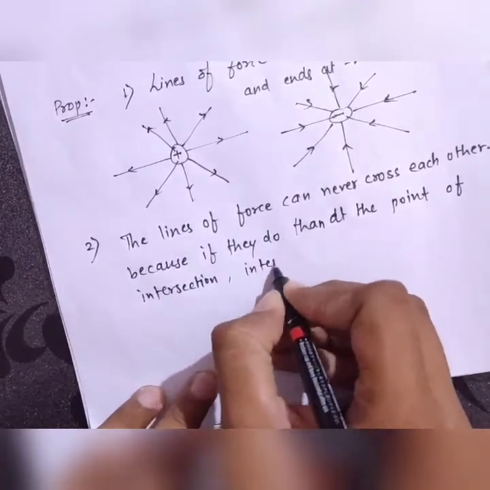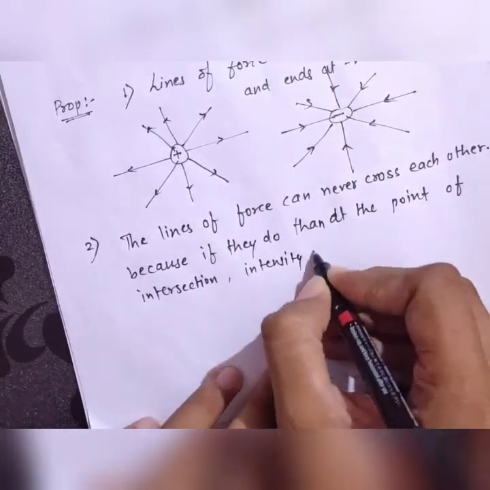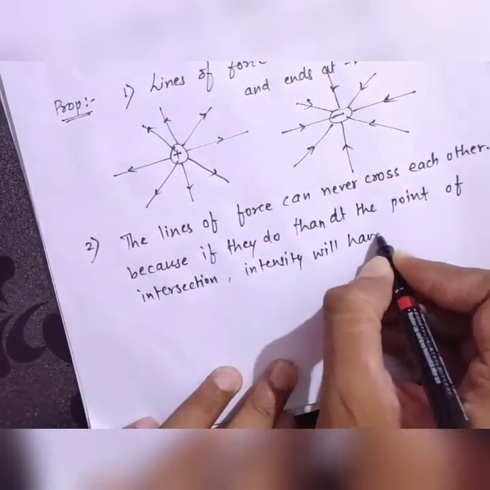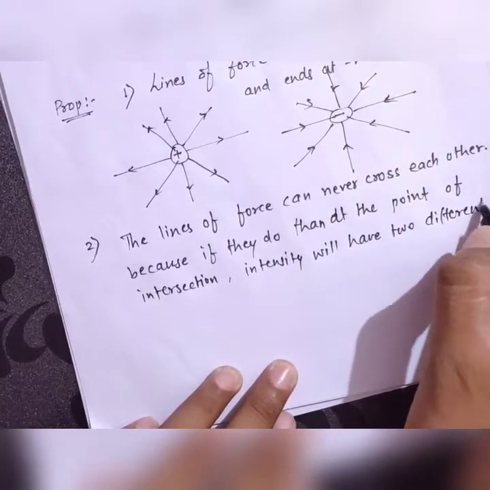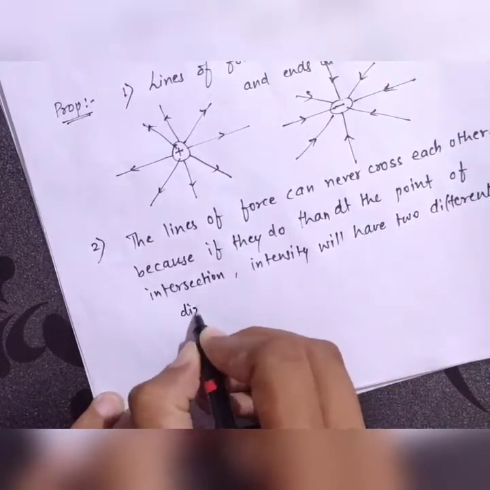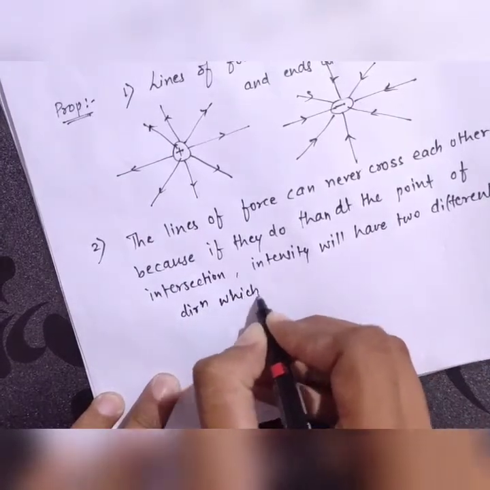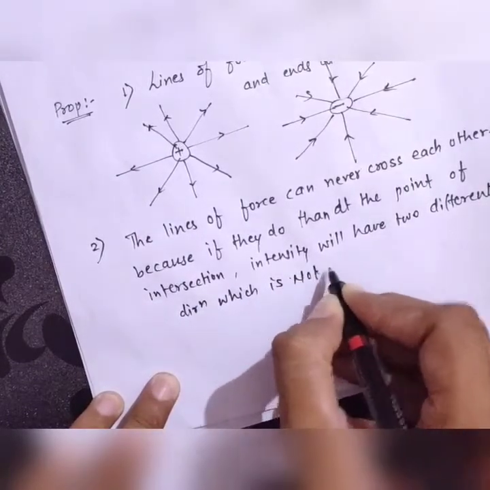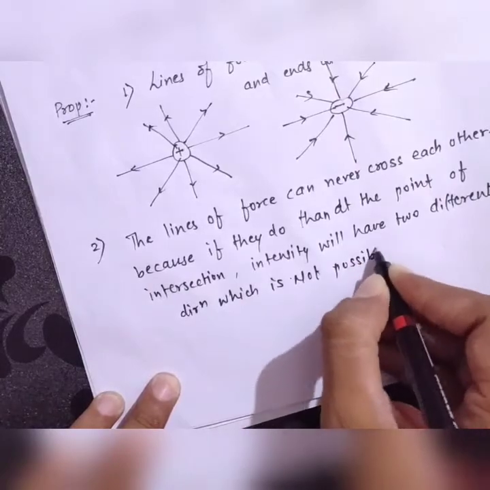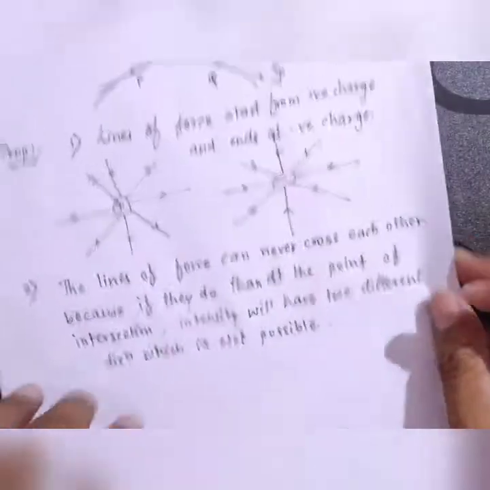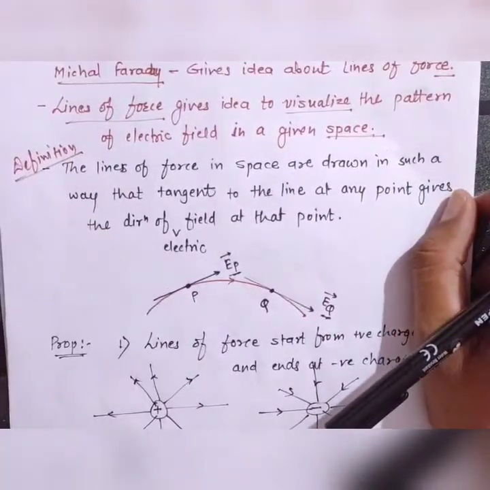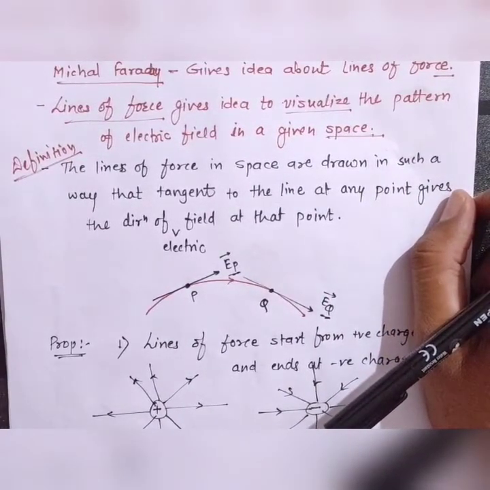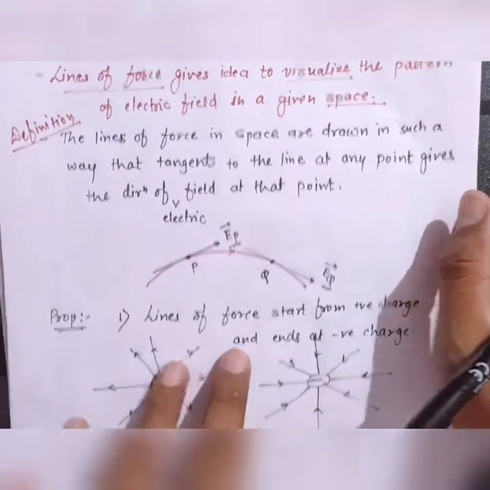the electric field intensity will have two different directions, which is not possible. We wrote down here the definition of the lines of force: the lines of force in a space are drawn in such a way that the tangent to the line at any point gives the direction of electric field at that point.